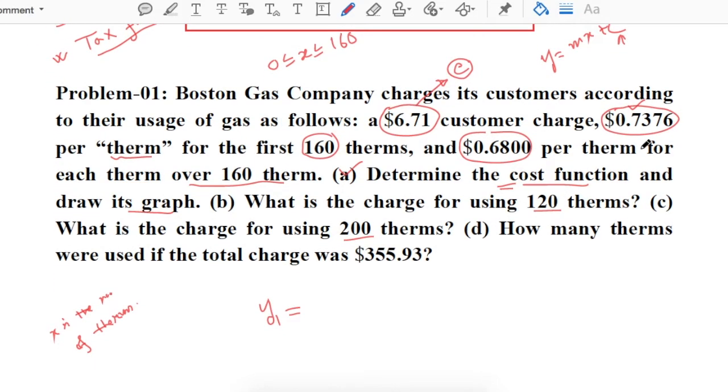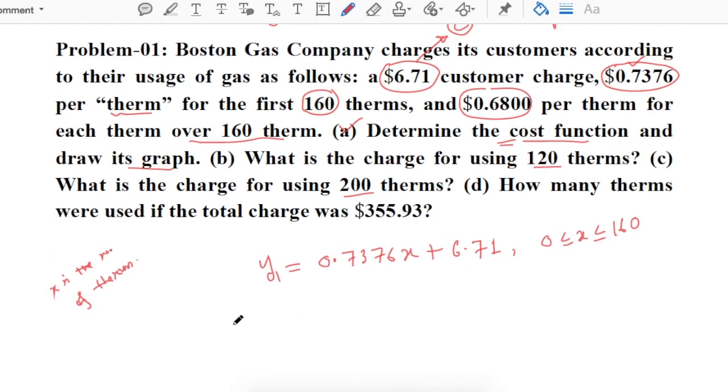So here for the first piece, 0.7376 is the variable cost per unit, so 0.7376x plus fixed cost 6.71, and this piece is valid when x is from 0 to 160.